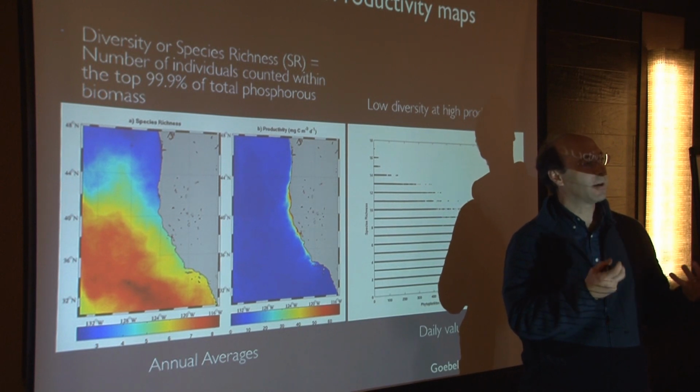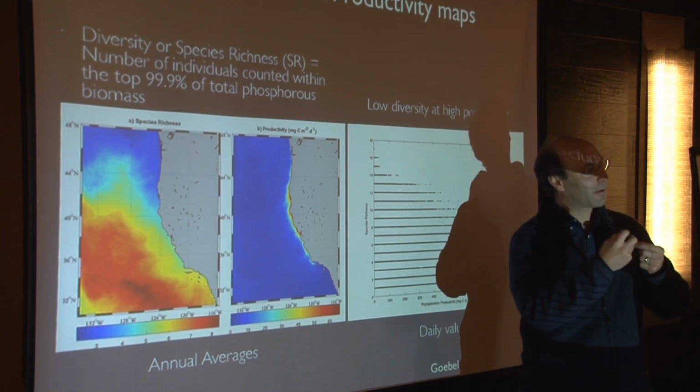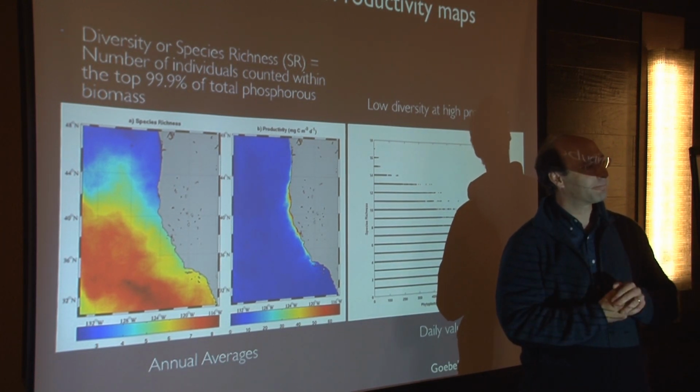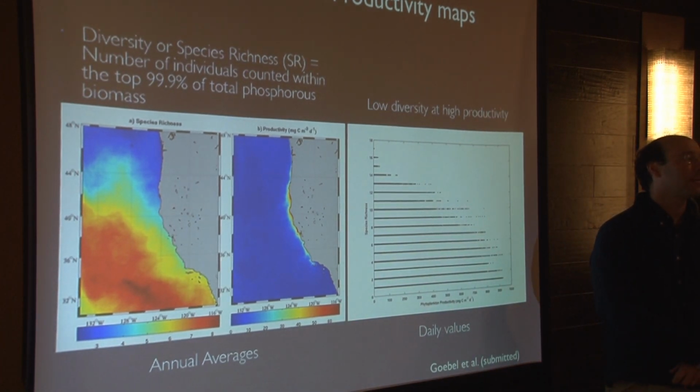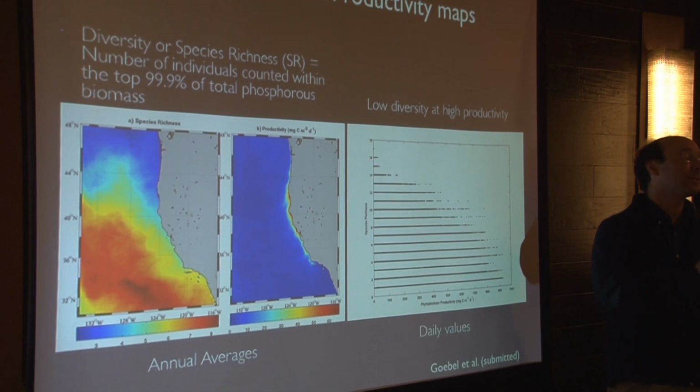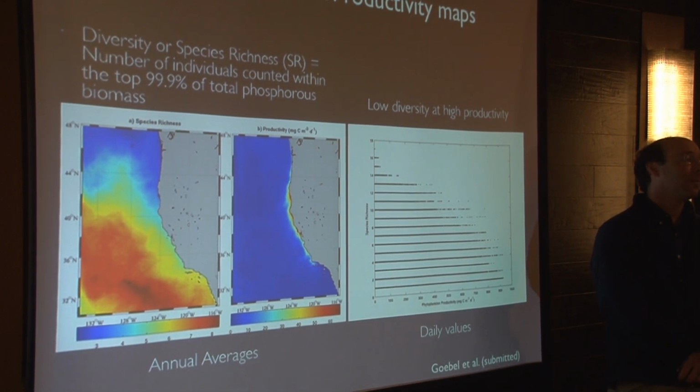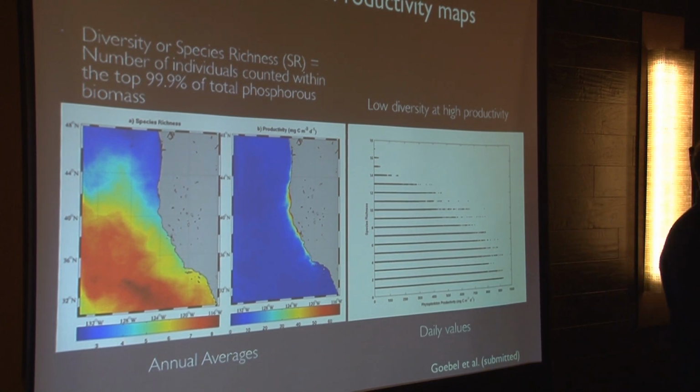And so the biodiversity decreases by that measure. Oh, you're saying what the diversity is of the large fraction. Yes. Right, so as you get higher up in the chlorophyll, the others are not counted anymore in that measure. Okay.